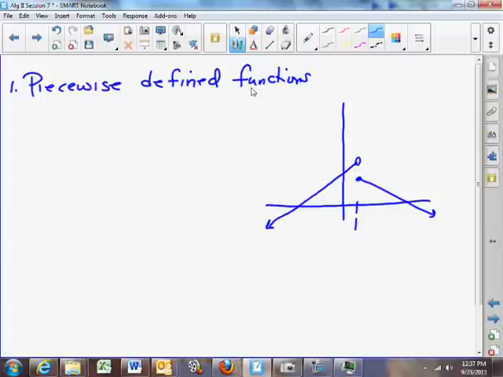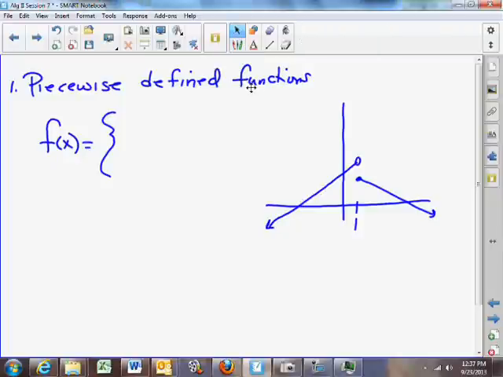Now, ordinarily, the way we write these functions is something like this. We might say f of x is equal to, and then we put a set brace. I'm fond of calling this a mustachioed function because if you look at this set brace, it does look a little bit like a mustache. Sometimes you'll catch me calling piecewise defined functions mustachioed functions.